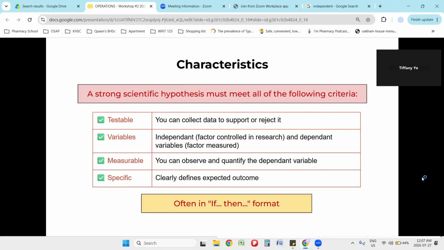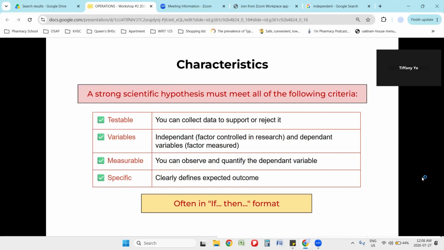Essentially, an independent variable is a factor controlled in research, and the dependent variable in your hypothesis is a factor that will be measured. And a third component of a strong scientific hypothesis is that it can be observed and quantified. And a fourth aspect is that it should clearly define your expected outcome.